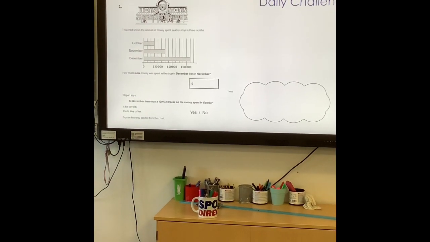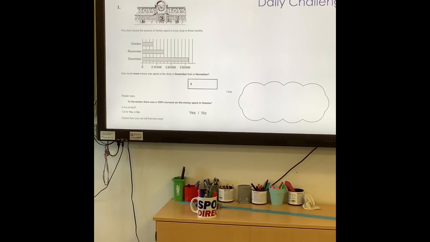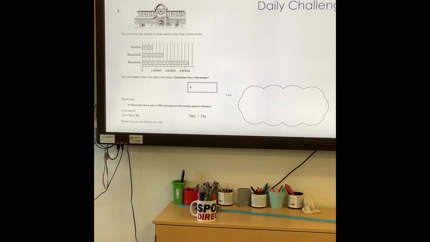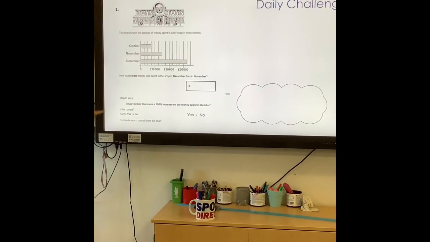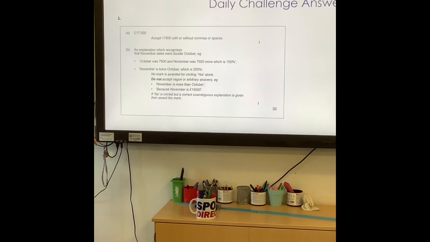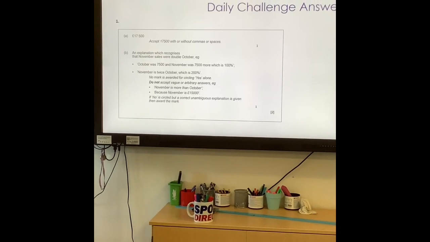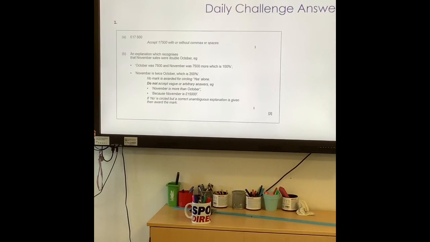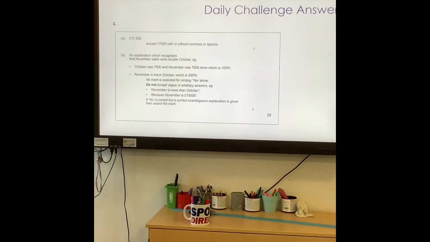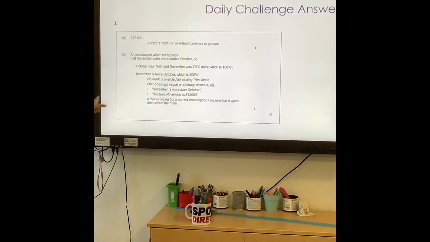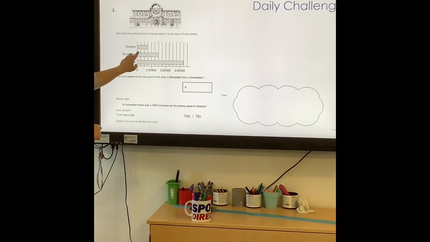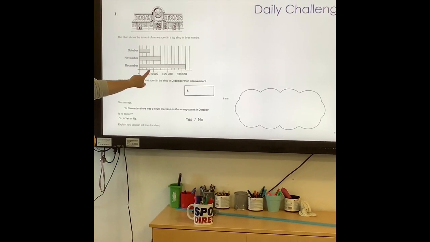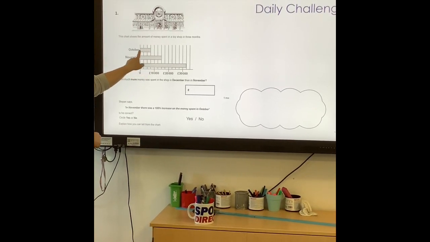Then in November there was a 100% increase on the money spent in October. Now you need an explanation that recognises that November sales were doubled. So October's amount brings you up to here, and it has doubled.